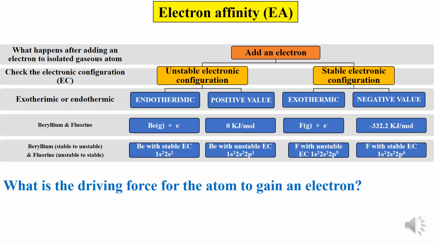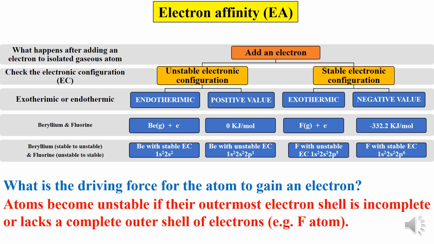So what is the driving force for the atom to gain an electron, or why should an atom gain an electron? Atoms become unstable if their outermost electron shell is incomplete, or if the atom lacks a complete outer shell of electrons, like in case of the fluorine atom. So the driving force for the atom to gain an electron is to increase its stability or to attain a stable electronic configuration.